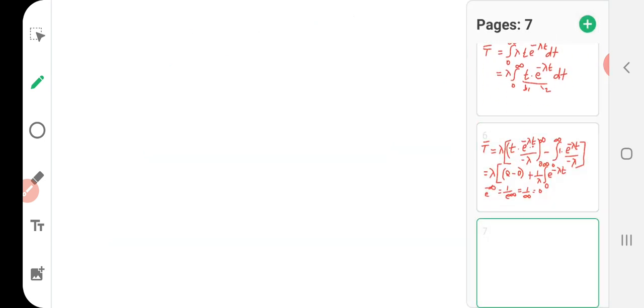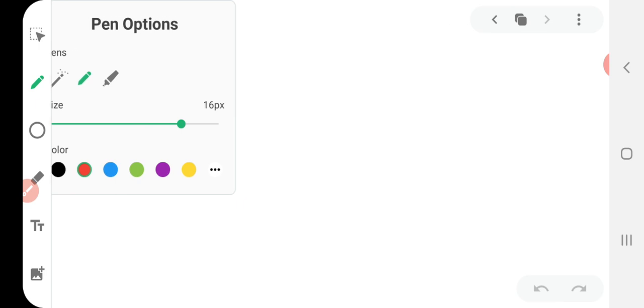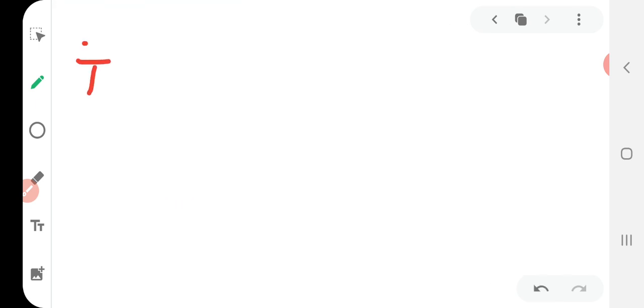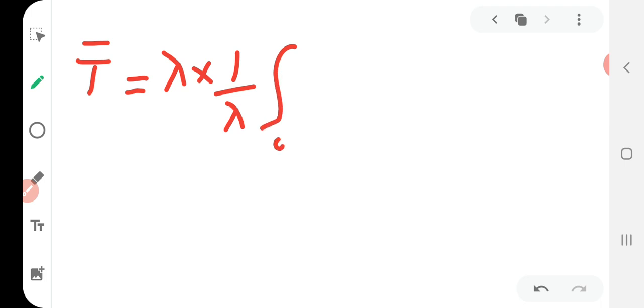So applying this, what we get? t bar is equal to lambda into 1 by lambda, the integral from 0 to infinity of e raised to minus lambda t.